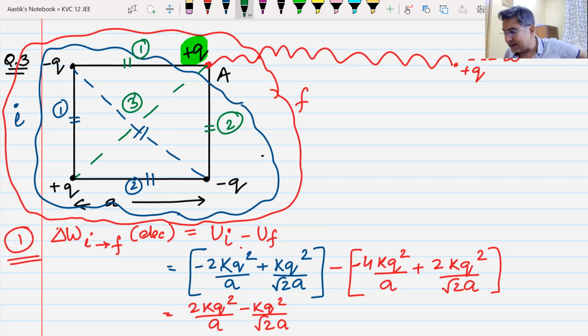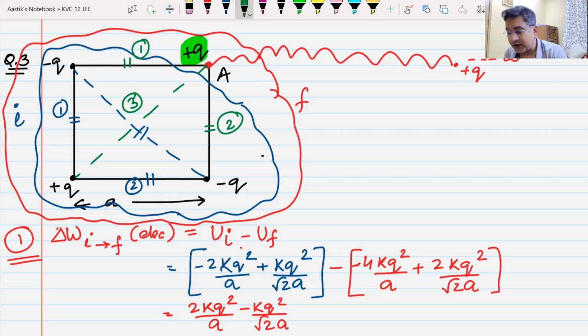So you just find out the number of pairs that have increased and take the negative of that. That will be your answer, because Ui minus Uf is simply equal to minus the extra pairs created. So I find the energy of these 3 pairs and take minus, and we are done. That would be way number 2.